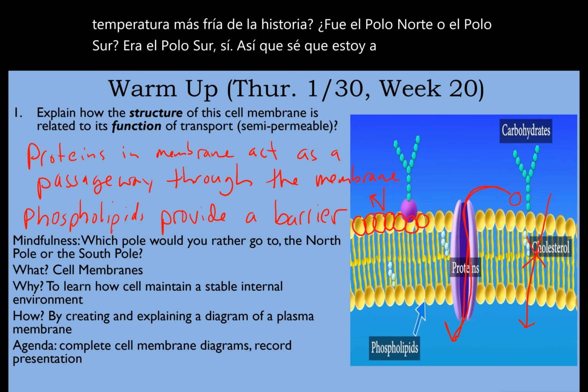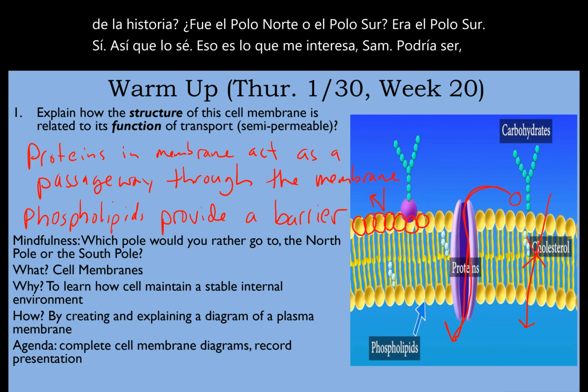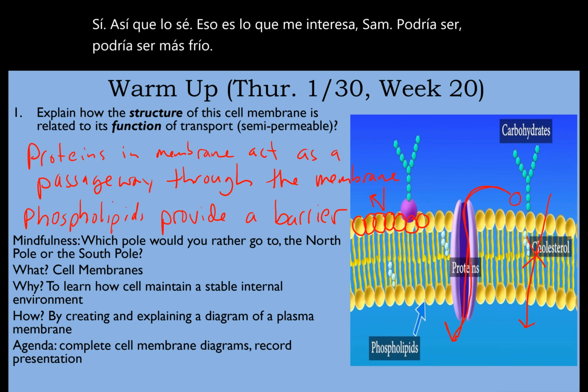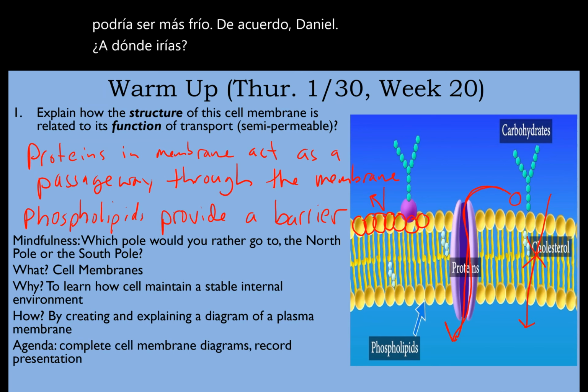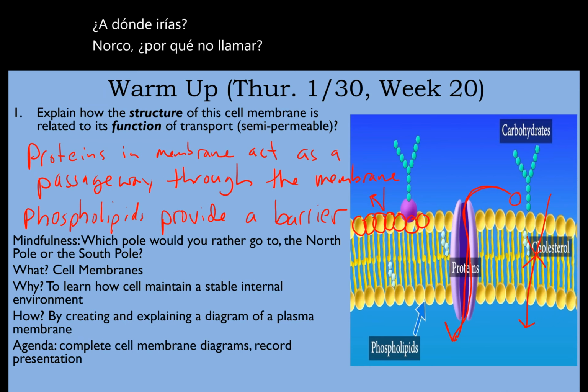Might be colder. Okay. Daniel, where would you go? North Pole. Why North Pole? I just think it's better. Think it's better? North is better. Like you prefer the north?